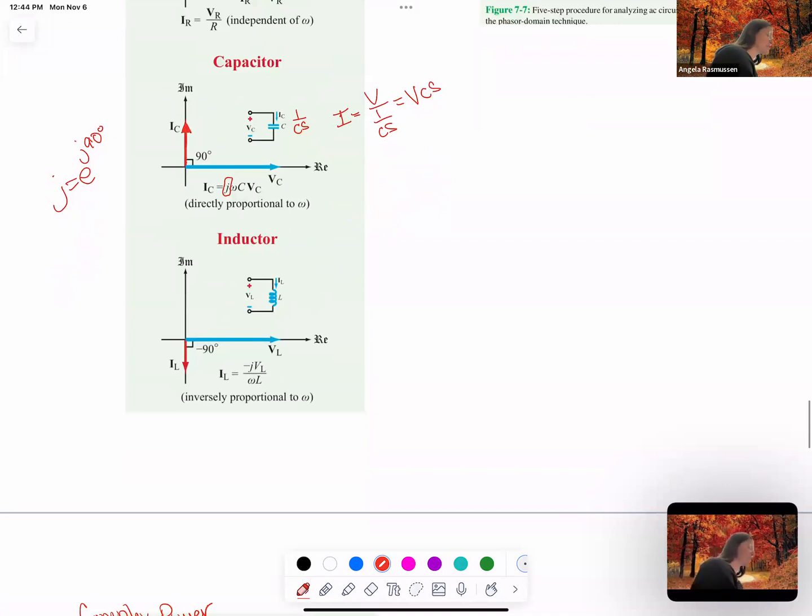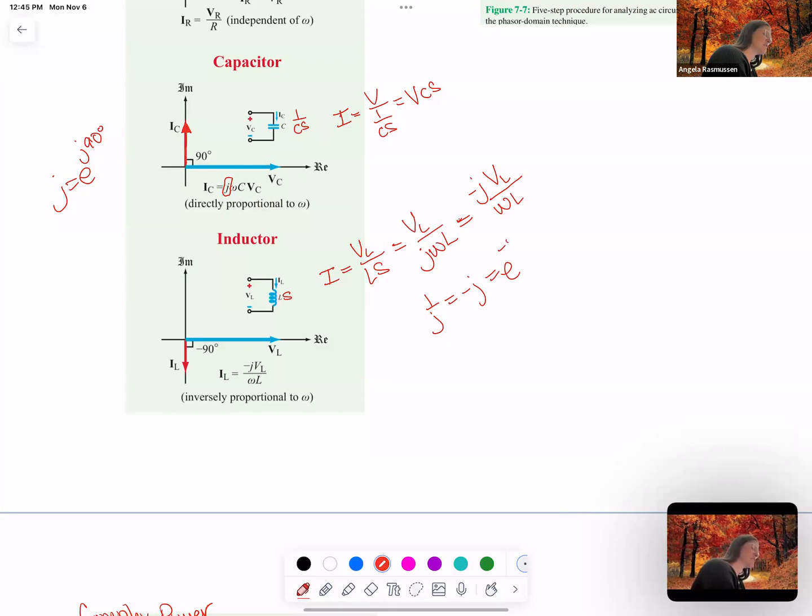And similarly with inductance, this becomes LS. So current is going to be VL divided by LS. Then plug in J omega for S, and that becomes J omega L, which can also be written as minus J VL over omega L. In this case, 1 over J is equal to minus J, or you can say it's E to the minus 90 degrees.